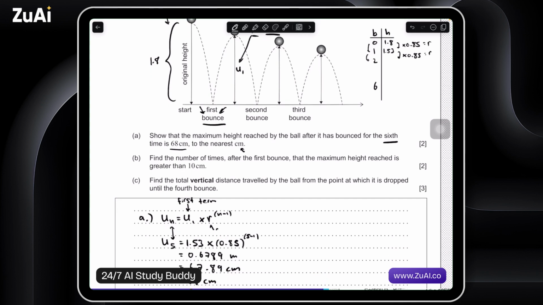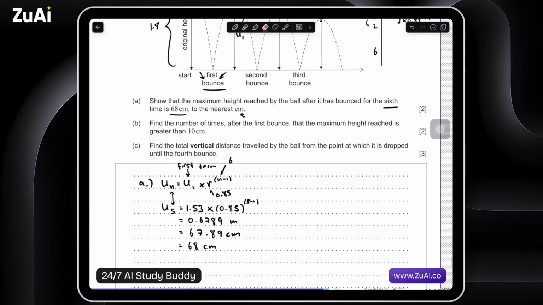And then r we still know is our common ratio. And then n minus 1 is the number of times we're multiplying, and since it's the sixth term, n is just going to be 6. I'm sorry, here I had written it as 5.